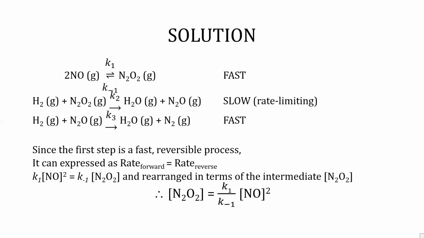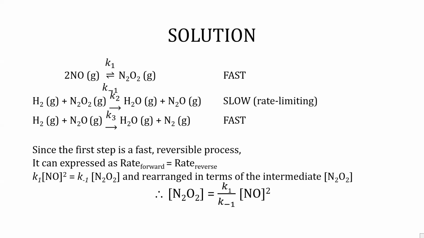Step 2. Since the first step is the fast reversible process, it can be expressed as rate forward equals rate reverse. We look at the first step, which is a fast reversible process, where k1 times the concentration of NO squared equals k minus 1 times the concentration of N2O2.